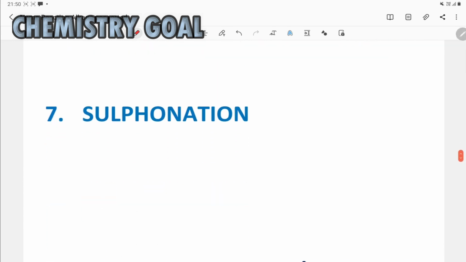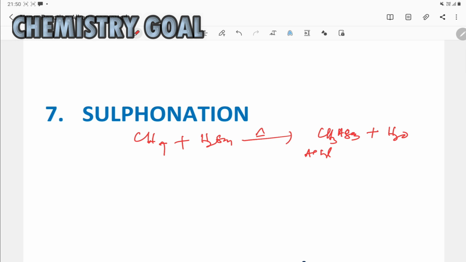Sulphonation, same. You have to use it like this. Methane reacts with concentrated sulfuric acid on heating. The result is alkyl bisulfate plus water. Alkyl bisulfate is formed with the loss of a water molecule.